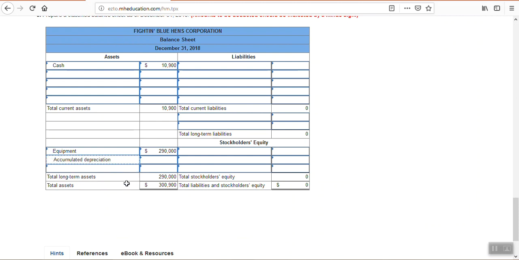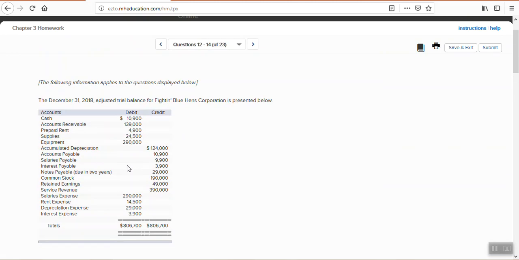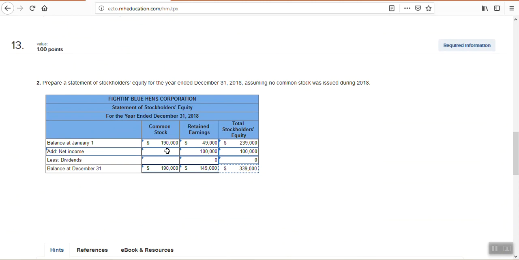Equipment depreciates. So when we do the balance sheet, we're going to have to also show the depreciation that goes with those fixed assets. So in this case, we've got equipment, and we have accumulated depreciation, which goes with that equipment. So you'll see the equipment is $290,000. The accumulated depreciation is $124,000.